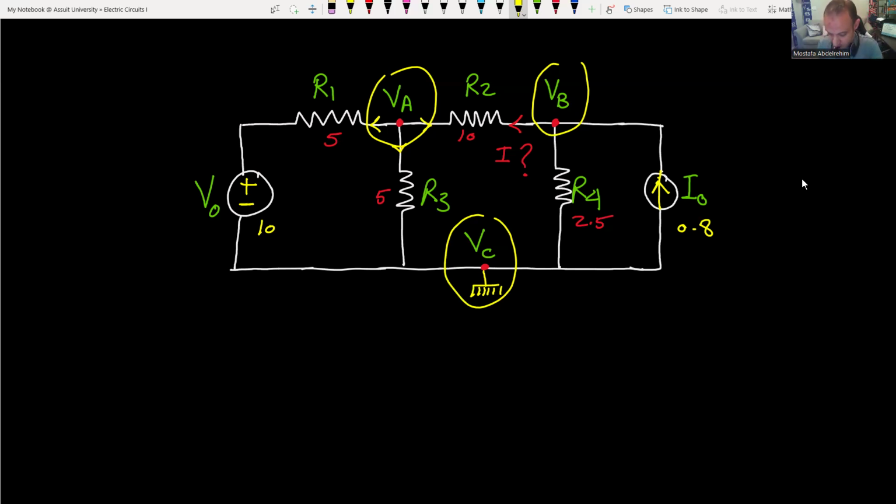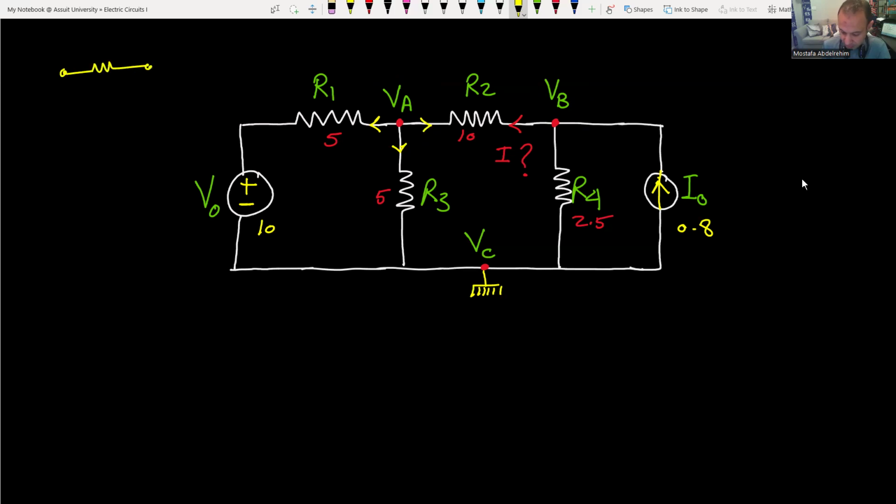Let's remove these circles here. At VA, I'm going to assume there are 3 currents because we have 3 branches here, the R2, R1 and R3 resistance branches, and I'm going to assume 3 currents going out of VA. We learned before, guys, if you have a resistance called R, with a voltage V1 at this terminal and another voltage V2 at the other terminal, you can assume the current in any direction you like.